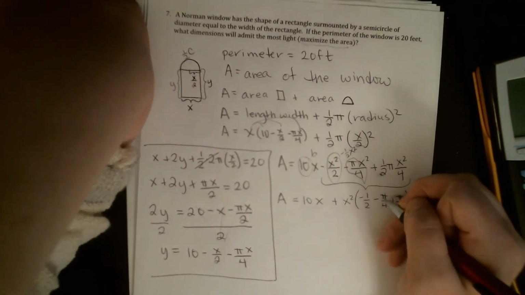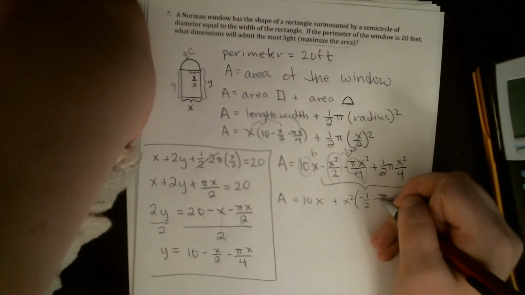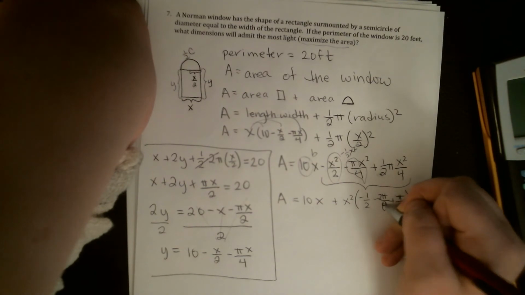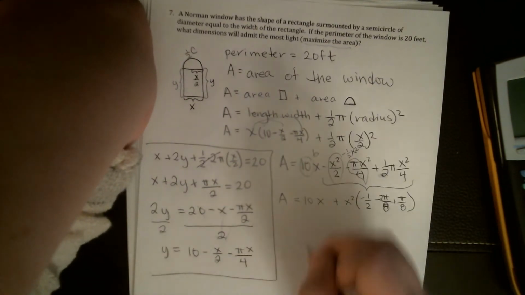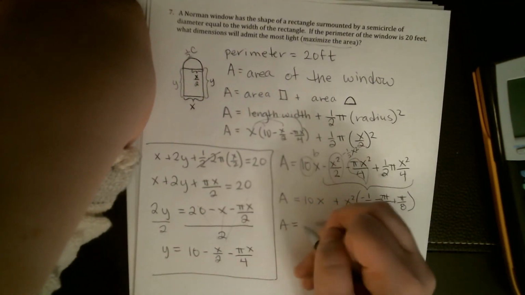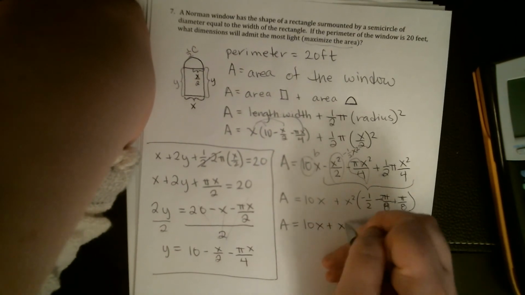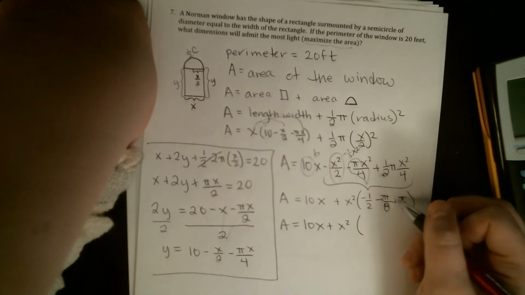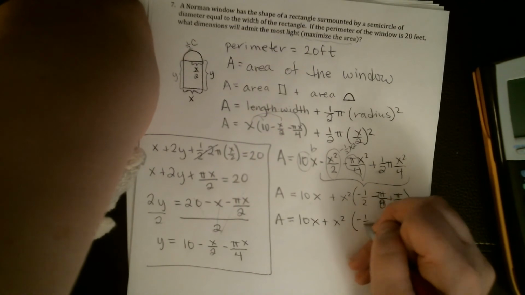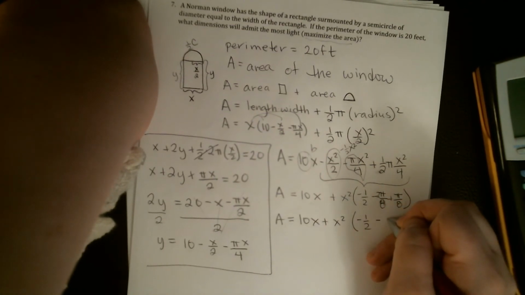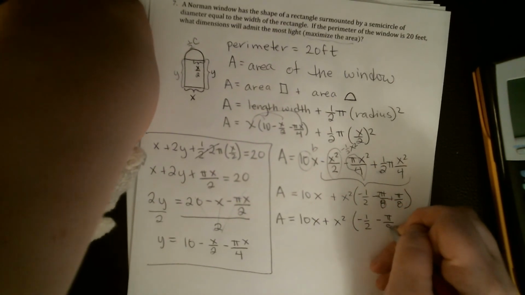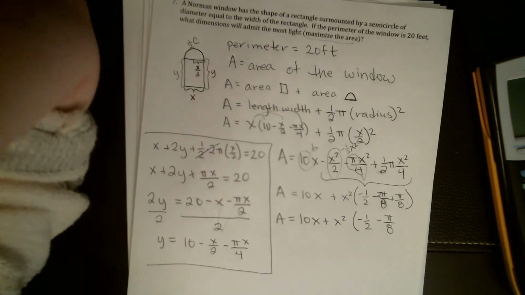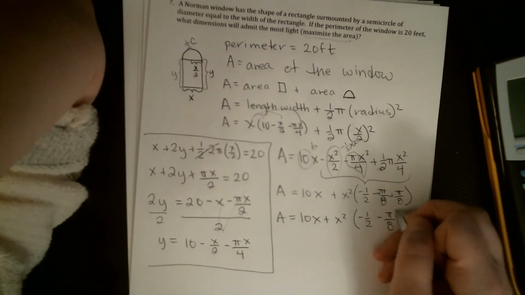And I could actually simplify it just a little bit. If I multiply top and bottom here by 2, I get 2 pi over 8. So I could say that a equals 10x plus x squared times negative 1/2 minus pi over 8. So negative 2 pi over 8 plus 1 pi over 8 is a negative pi over 8.